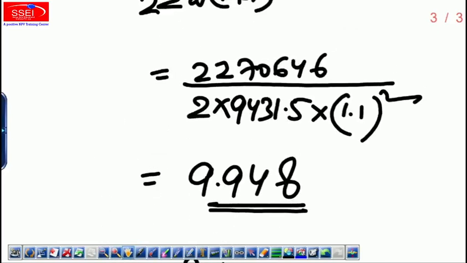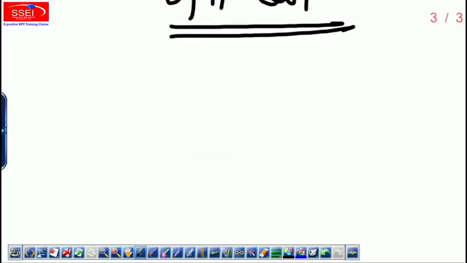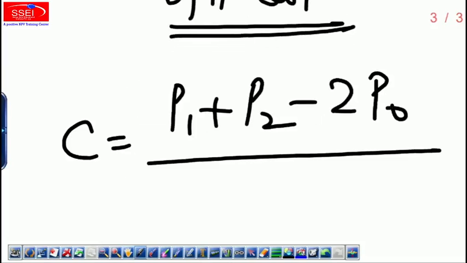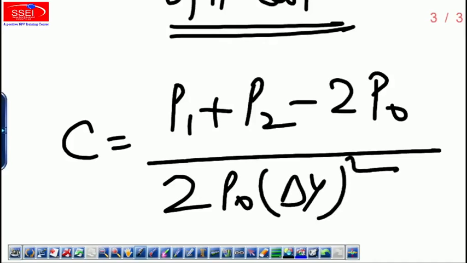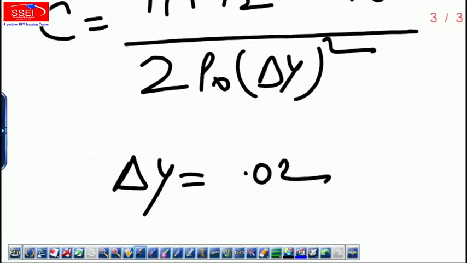If the same sum comes, who will take the risk? You better remember and do their solution. So convexity is P1, the lower price, plus P2 minus 2 into P0 divided by 2P0 delta Y square. Delta Y is the shock, so delta Y is 0.02 because 2% is given in the next question.